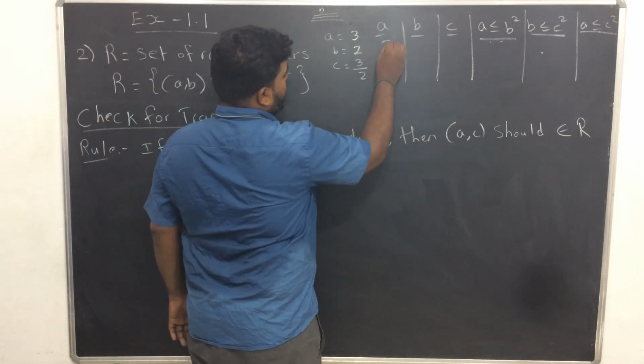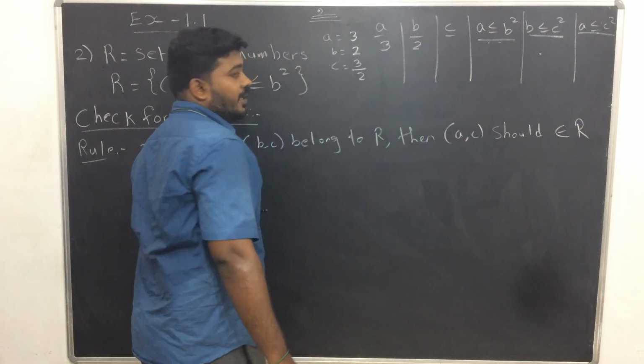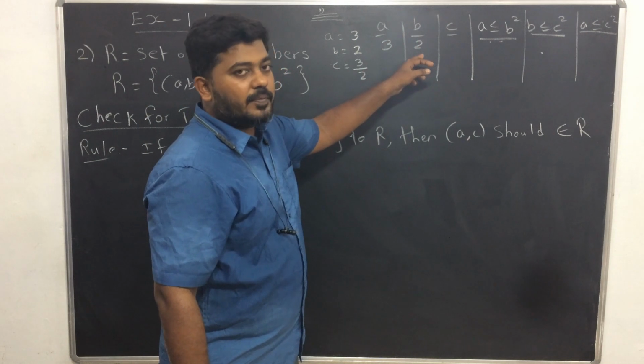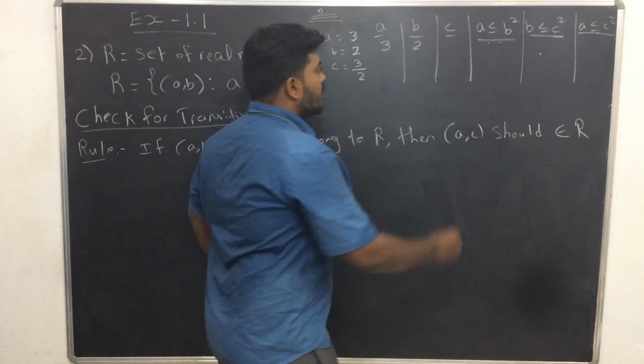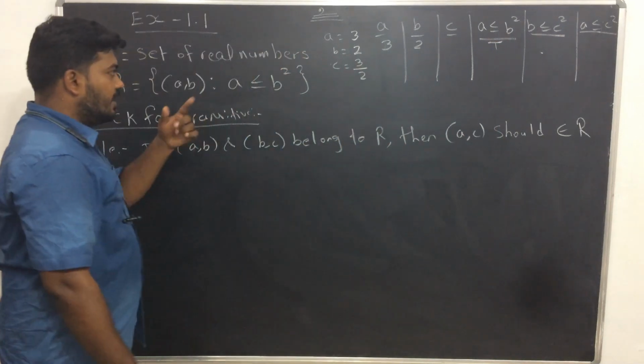So A is 3, B is 2, A is less than or equal to B square, meaning 3 is less than or equal to 2 square. So 3 is less than or equal to 4, 3 is less than 4, so this is true. Okay. So A comma B is there in the relation.